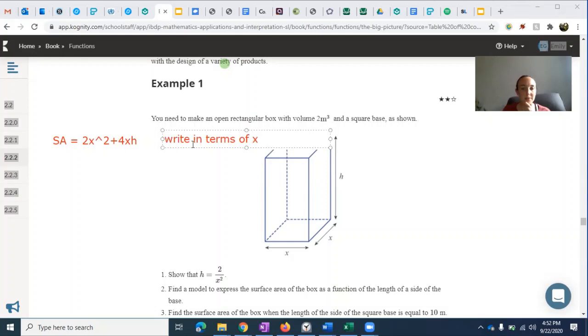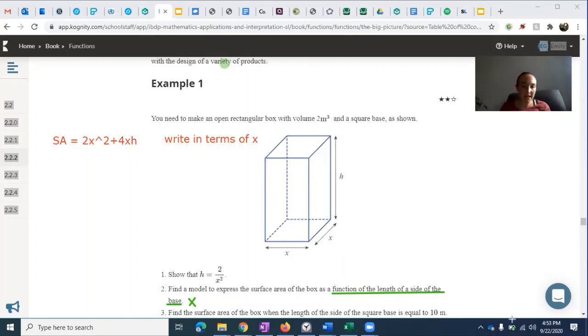And I'm taking that straight from the problem that says as a function of the length of the side of the base. Because the side of the base is x, that means that the function will be in terms of x. So I have this surface area formula already that says 2x squared plus 4xh. How can I change that so that we don't have h anymore?